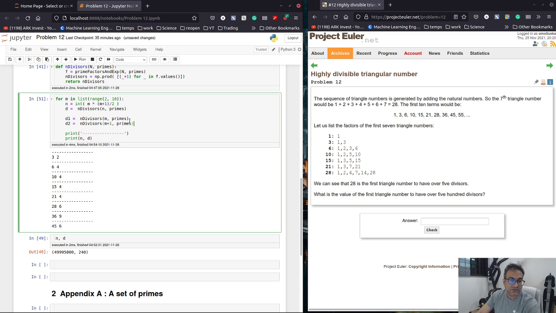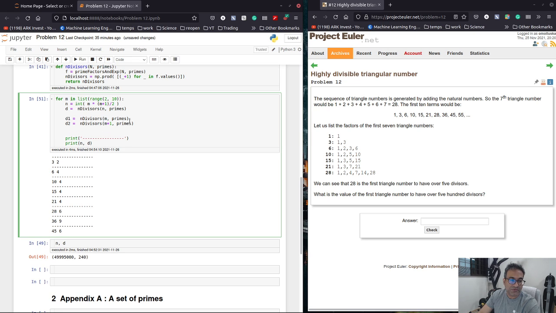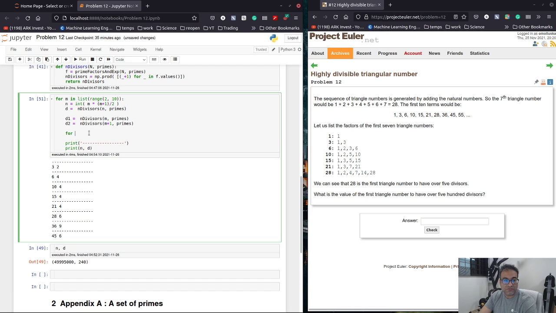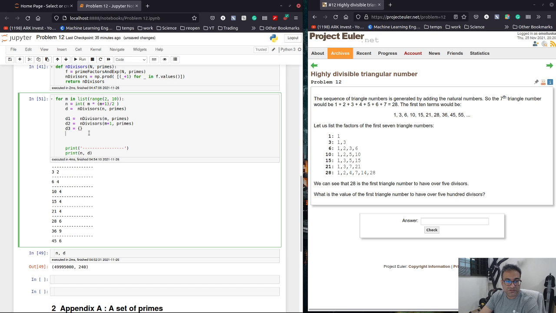And we should be able to, and this should be a much faster thing to do. Okay, so and then we will update d1 for, let's create d3 equals this, d3 equals d3 dot update.